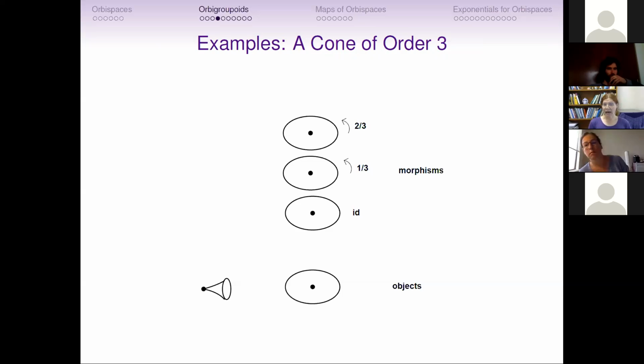The objects are going to just be a disk, and then for the identifications, I'm going to have the identity morphisms, and then I'm going to identify every point with the point that's 1/3 rotation and 2/3 rotation around. So for those morphisms, I actually get 3 copies of that disk representing that. And you notice that the 1/3 and the 2/3 are the inverse morphisms of each other. So we actually do have a self-contained groupoid structure here.